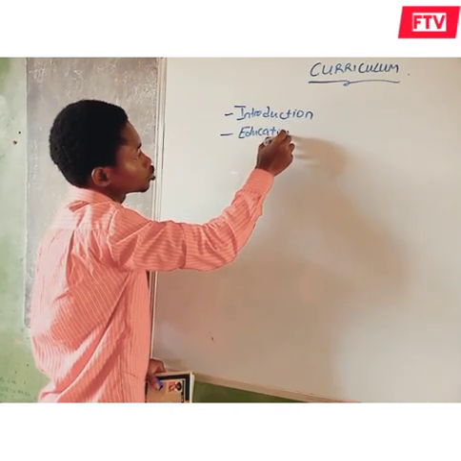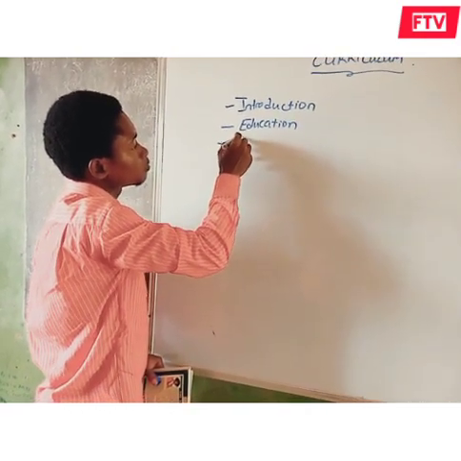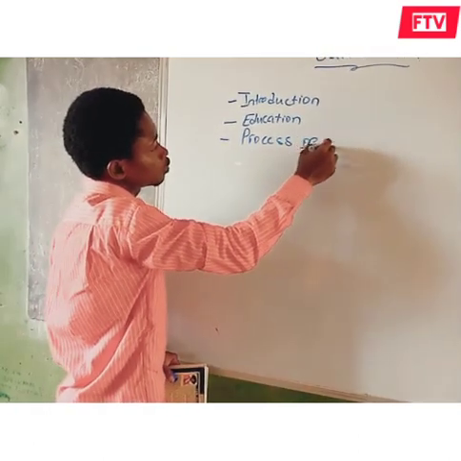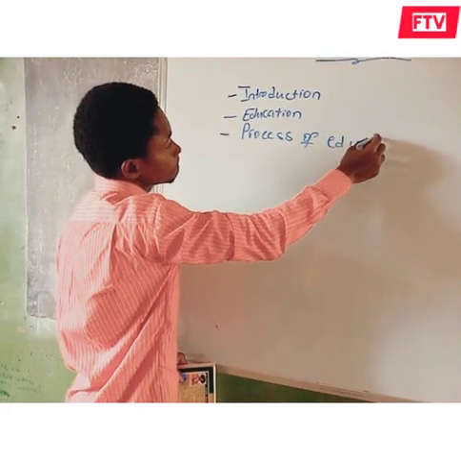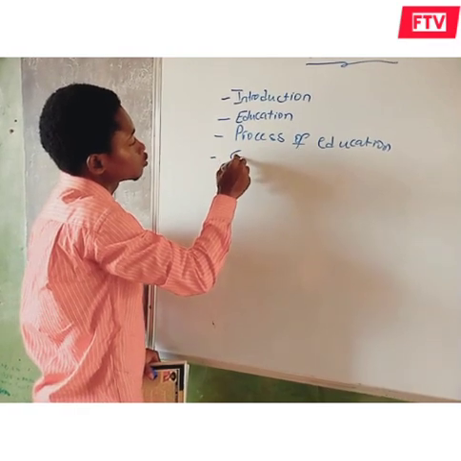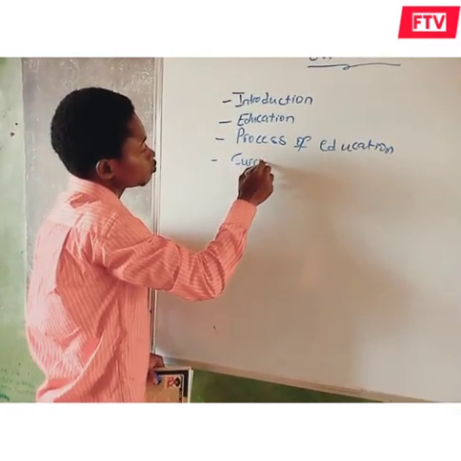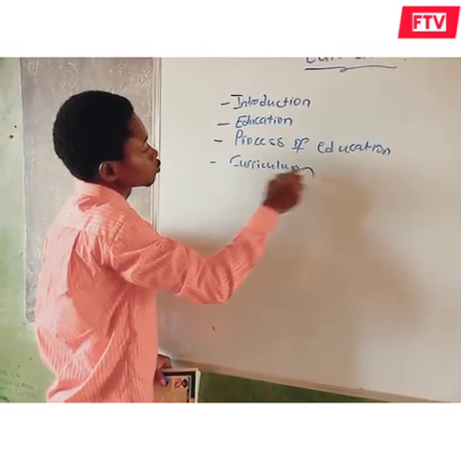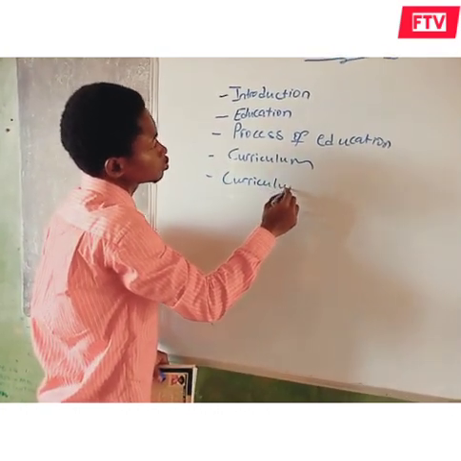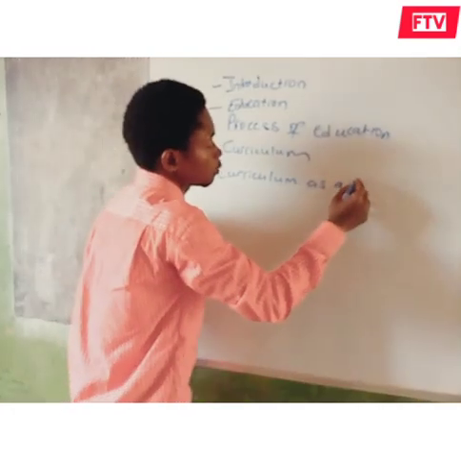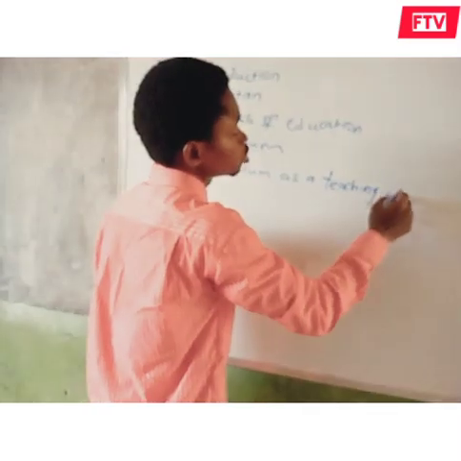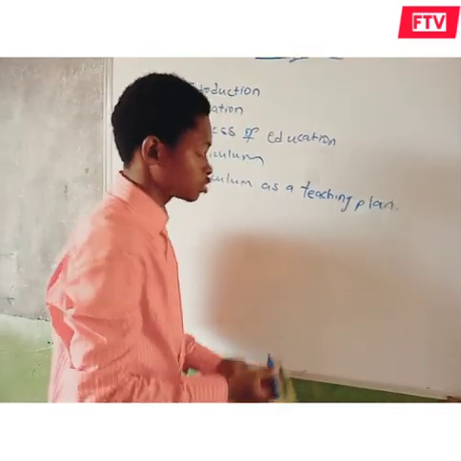We need to check the process of education, and then we need to check curriculum as a teaching plan. Curriculum as a teaching plan for today. I think this should be able to cover from chapter 1 to chapter 2 of the course.